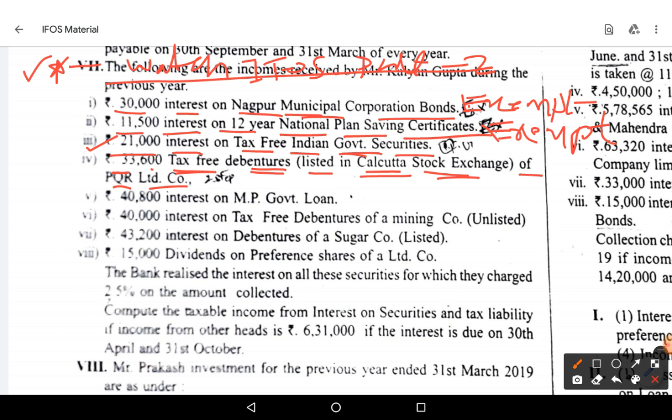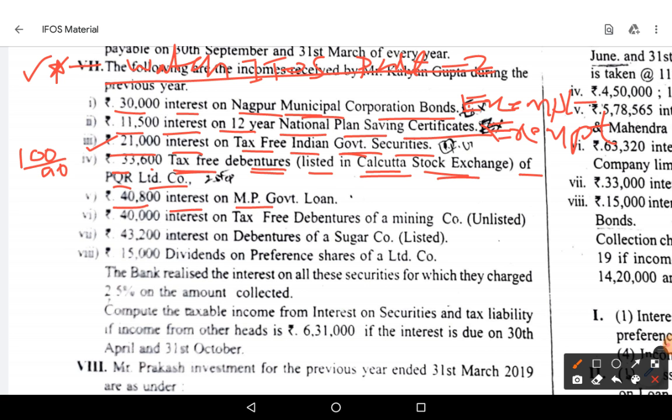The second step we need to do: net interest into 100 by 90. One step we need to do.